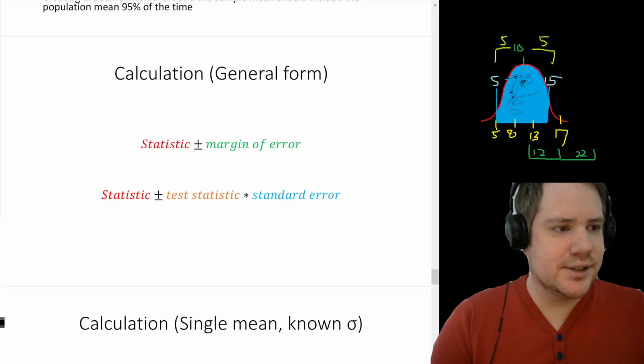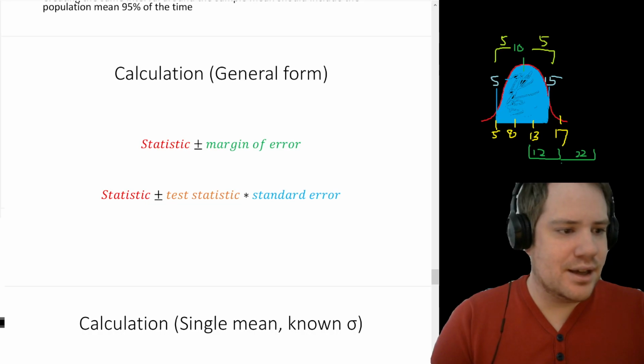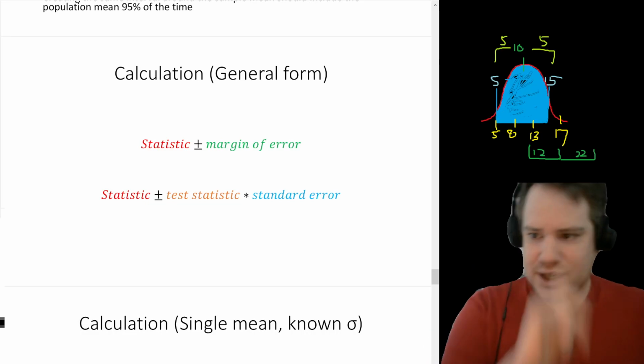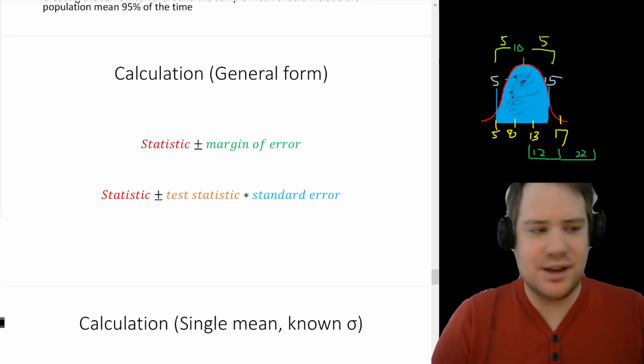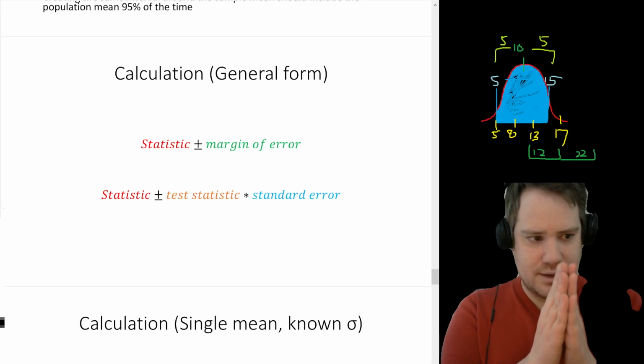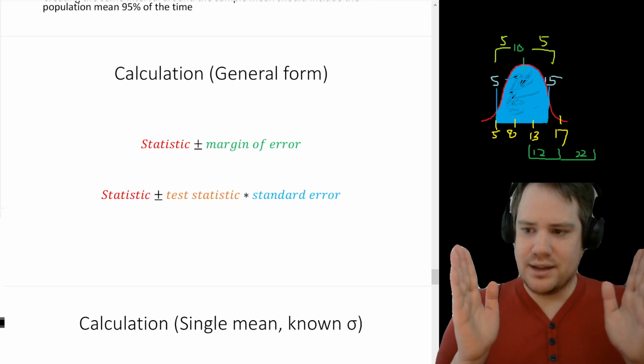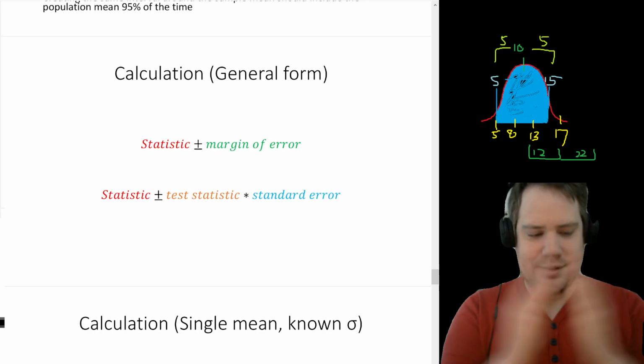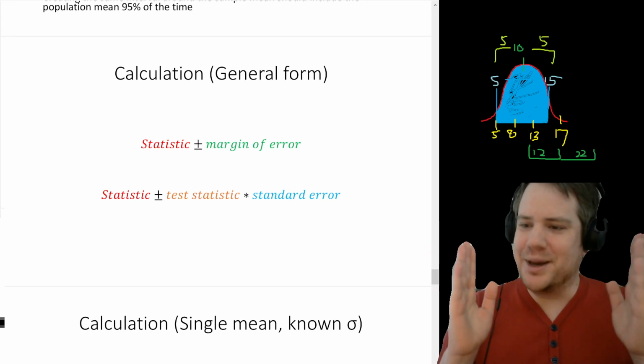So in this case, the margin of error for the example above me is 5, because the margin of error is the distance between the statistic and the lower and upper bound, essentially.